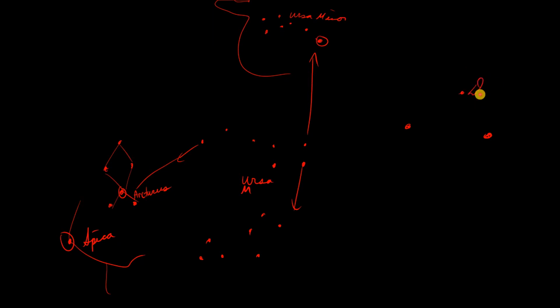So Deneb, Altair, and Vega, and those three make up the summer triangle. Also, one of the things you want to know about Deneb or Vega is that it's the brightest summer star. Of all the things we said, this is kind of the main stuff you should have gotten from the last lecture.